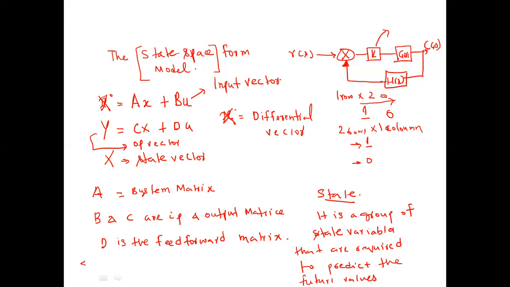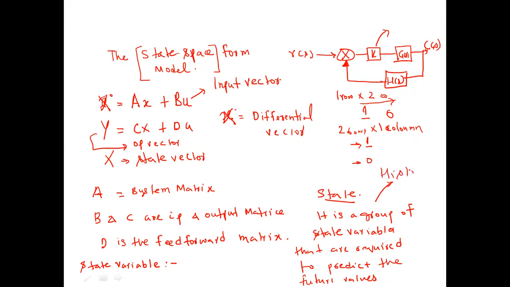Now, what is the state variable? I'll be showing you how we can formulate the state variable also, so don't worry about that. A state is a group of variables that are required to predict the future value, which means it has some amount of history.